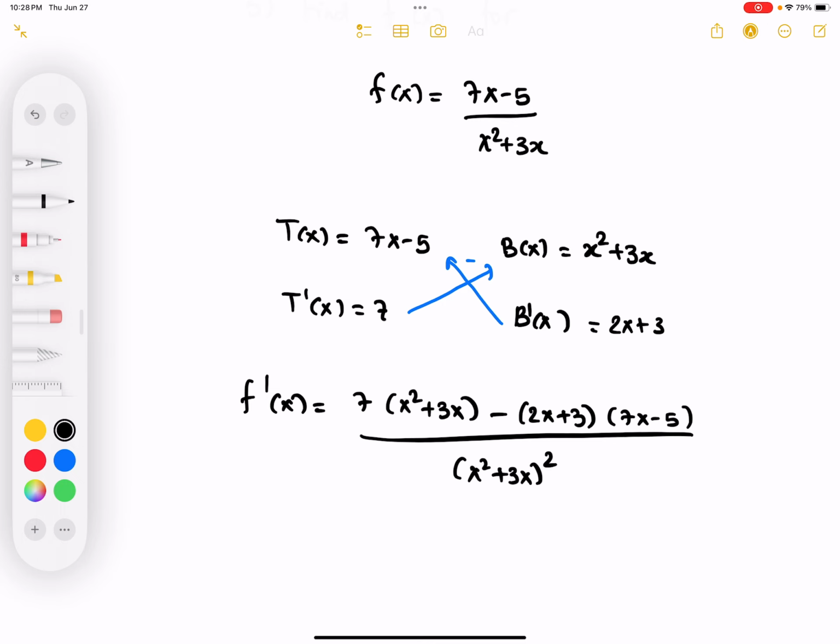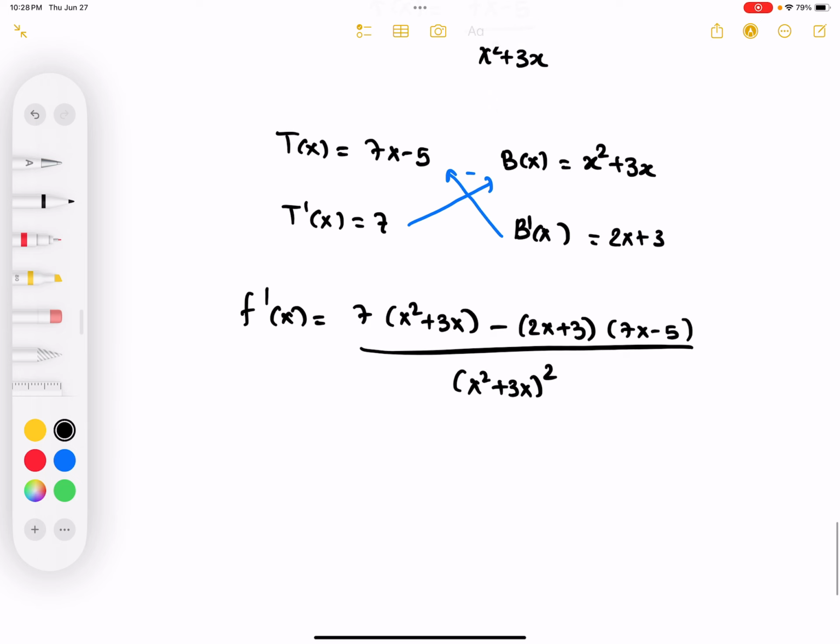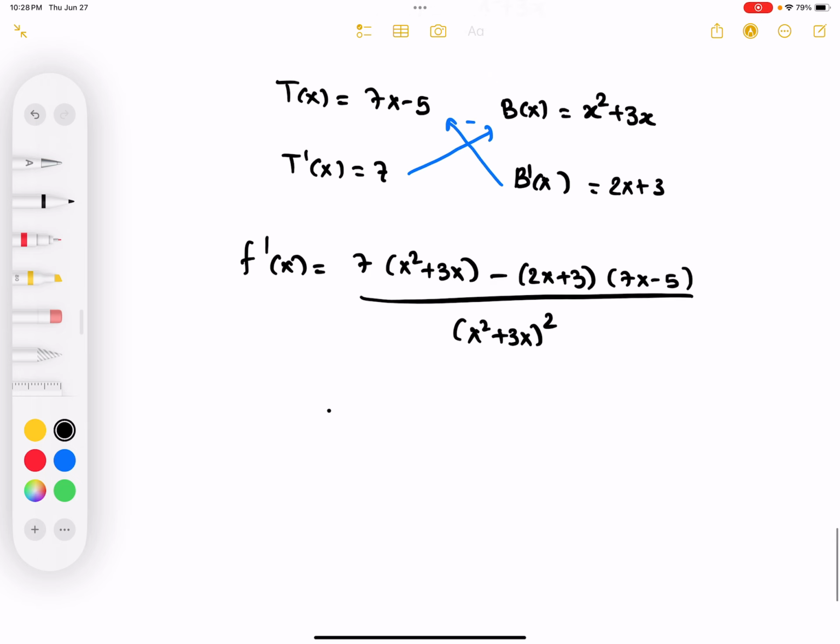You don't need to simplify the bottom one, you just leave it as it is. Now let us simplify the top one. 7 times x squared is 7x squared. 7 times 3x is 21x.